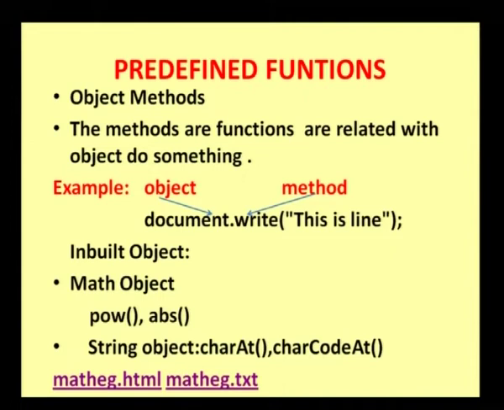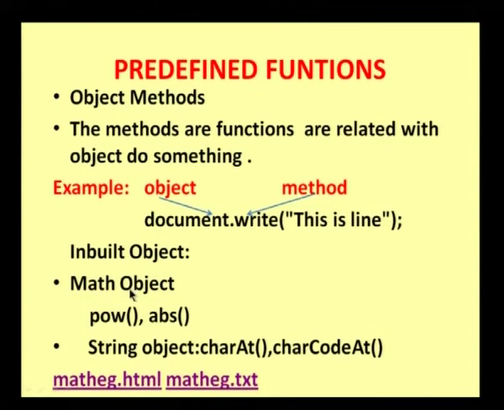They are also called object methods, whose definitions are available built in to JavaScript. The user can reuse them instead of writing the code for the task. The task has been written already, so they can use it. These are called predefined functions or predefined object methods.